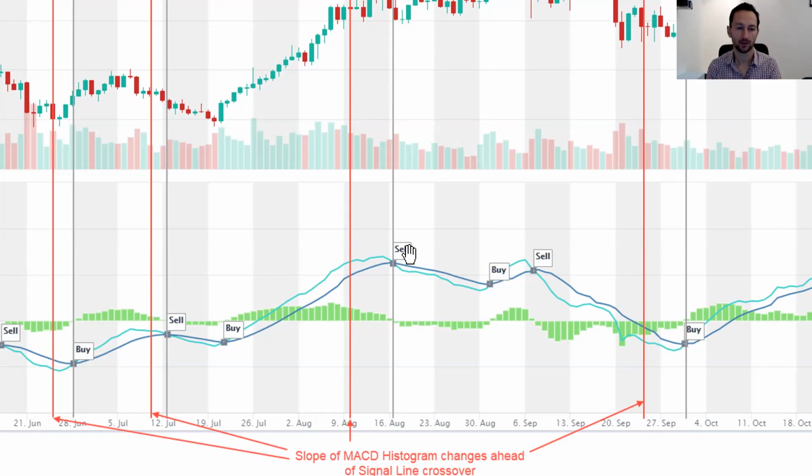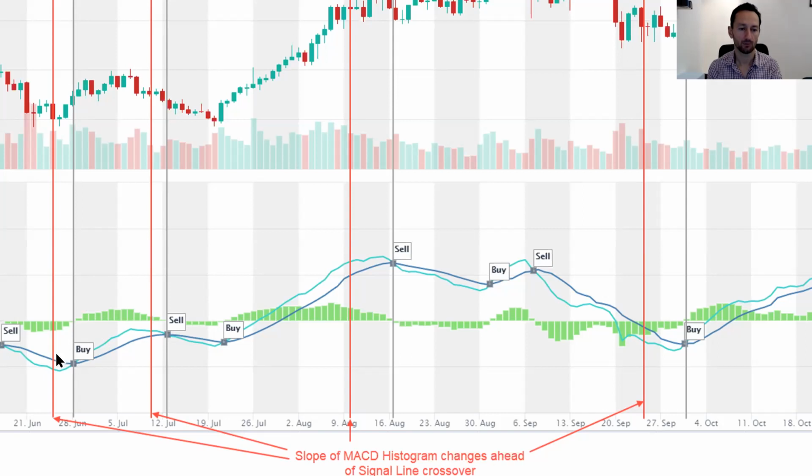But notice that the histogram bars highlighted in green oftentimes can give you an early signal that the momentum is inflecting and changing. Let's look at this example right here. Let me get my drawings right here.